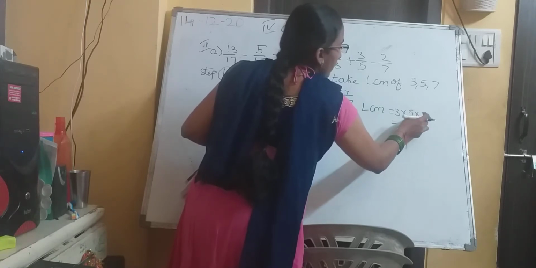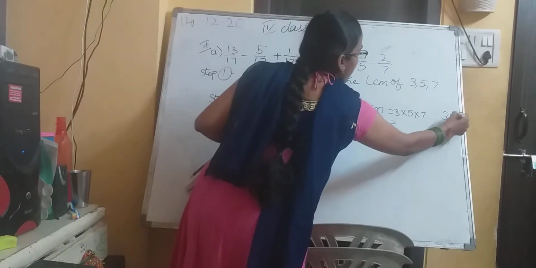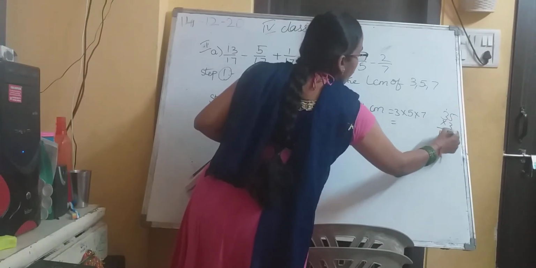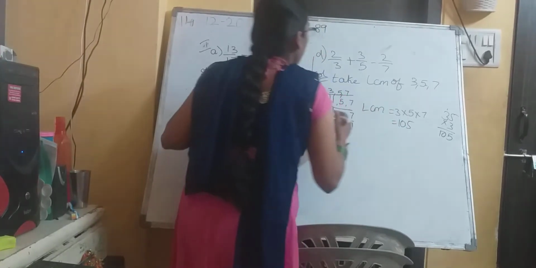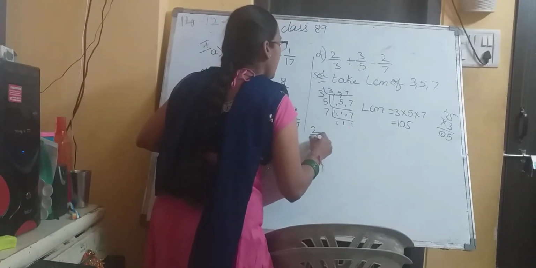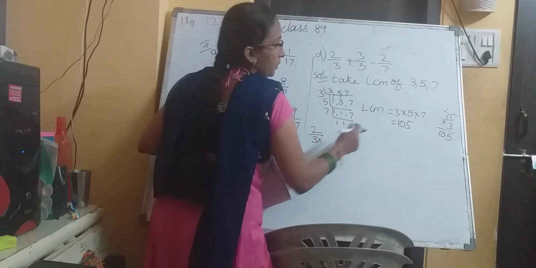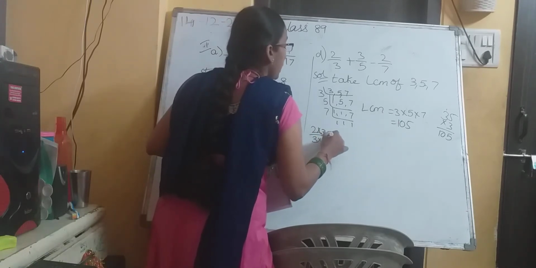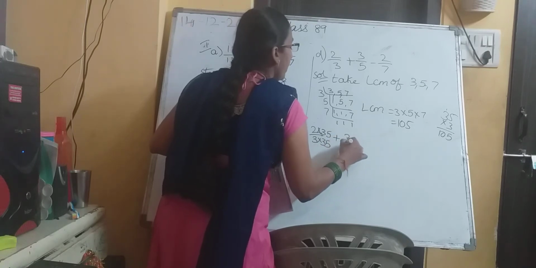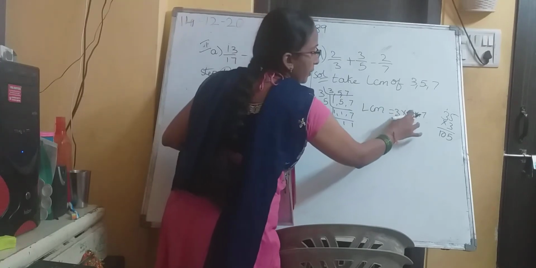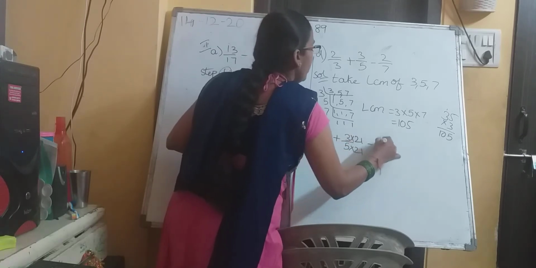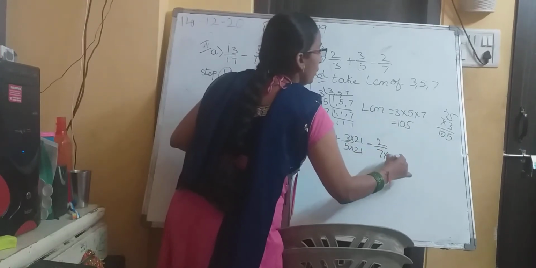35 into 3 you do, children. 105. So now you are going to multiply: 2 by 3 into 35 plus 3 by 5 into 21, since 7 3s are 21, minus 2 by 7 into 15.